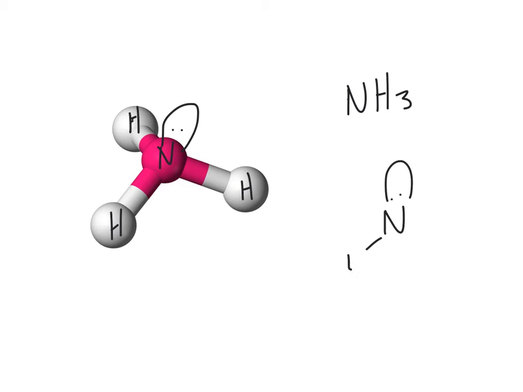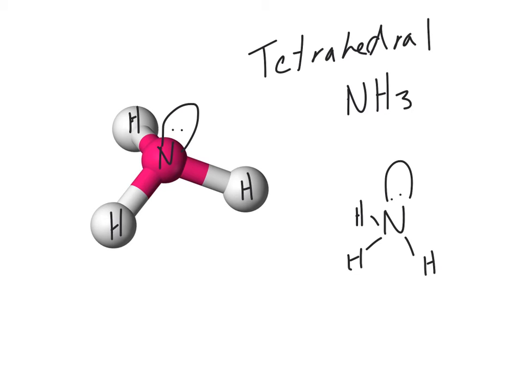We would have an H out here, an H over here, and maybe an H going back a little bit like that. And again, it has a tetrahedral major category, and tetrahedral adds up to 4. It's got an AX of 3 and E of 1 adding up to 4.